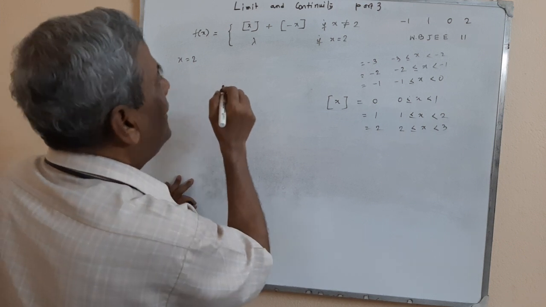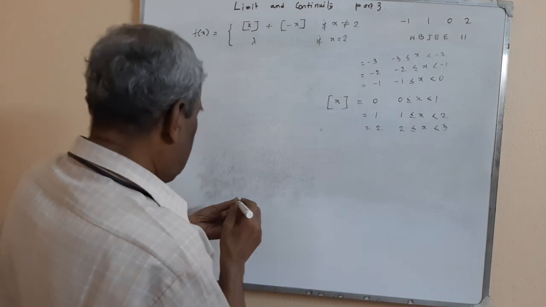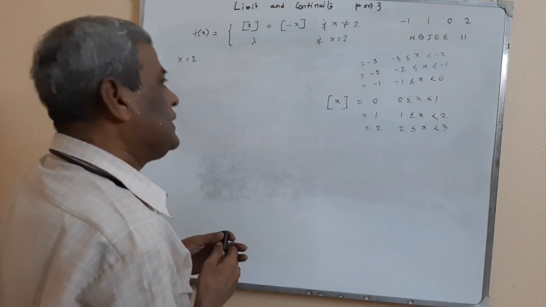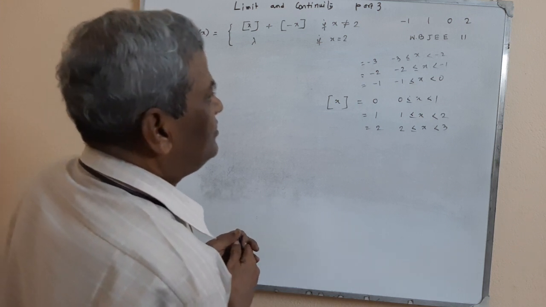Now, given that fx is continuous at x is equal to 2, what would be the value of lambda?